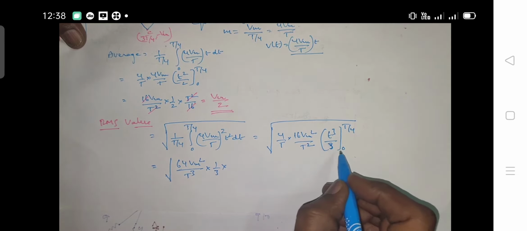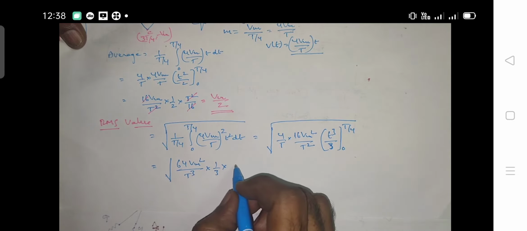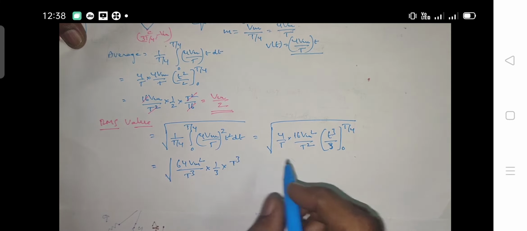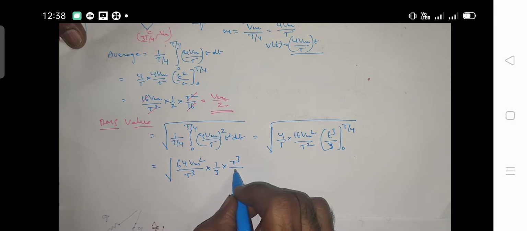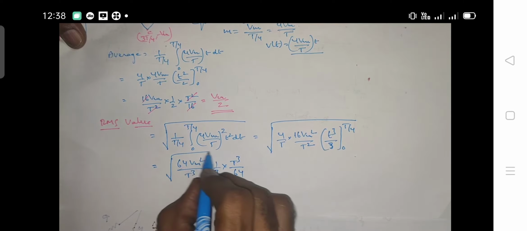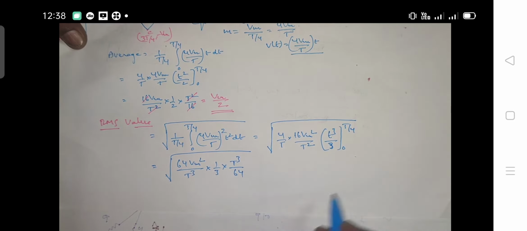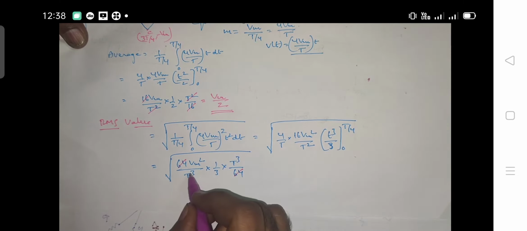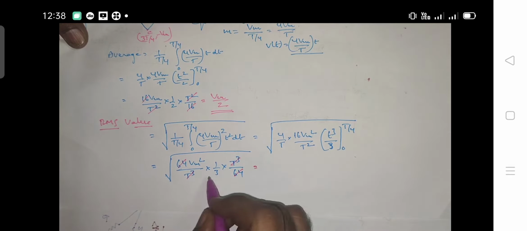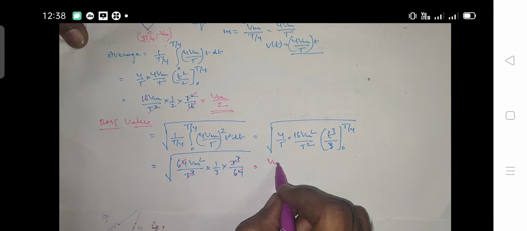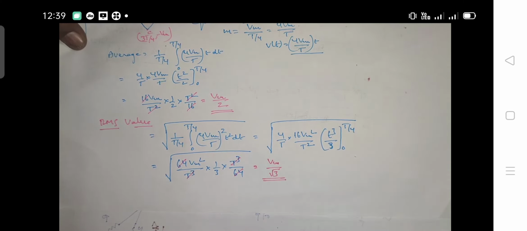T cubed between the intervals 0 to T by 4 will give rise to T cubed by 64, since 4 cubed is 64. So here the 64 will be cancelled, T cubed cancelled, square root of Vm squared by 3, which is equal to Vm by root 3, and this is the RMS value.